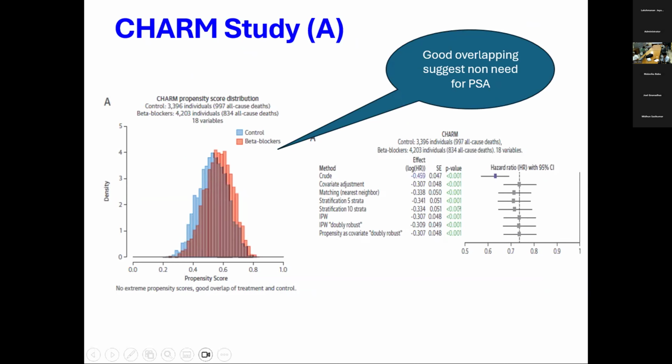The simple analysis suggested that there is a significant difference between the two groups, but the adjusted analysis suggested that there's no difference between the two interventions. So even though there is a good overlap, this analysis suggested that still we have to go for PSA.